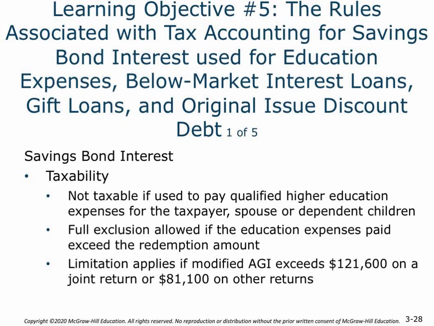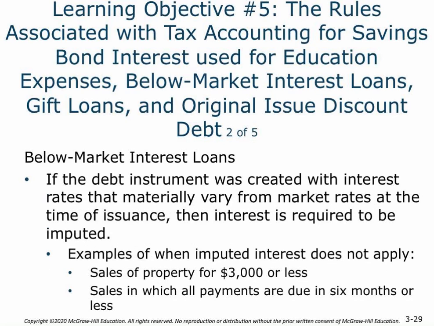And then the limitation is going to apply if modified AGI exceeds $121,000 on joint returns or $81,000 on other returns. So there's going to be a limitation there based on the AGI. So below market interest loans, if an instrument is created with interest rates that materially vary from the market rates, then interest is required to be imputed.